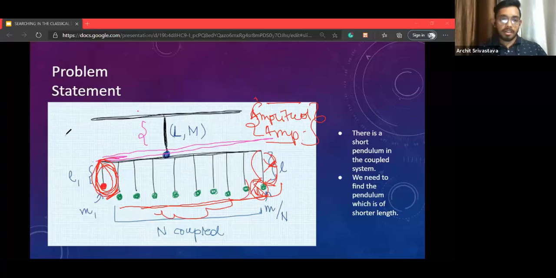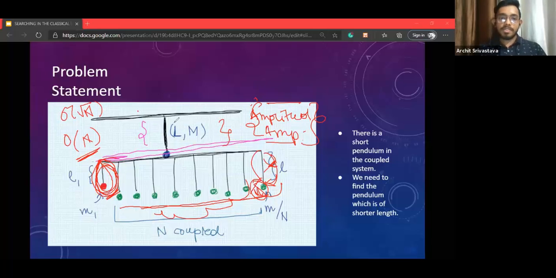The time taken for this whole thing is of the order of big O of n. What actually happens in this algorithm is that we let this whole setup run for O of root n time steps.